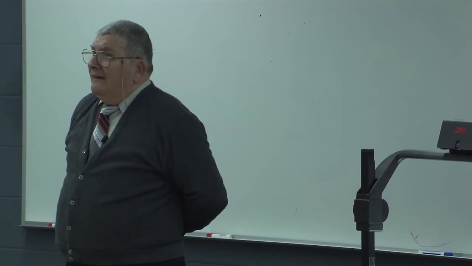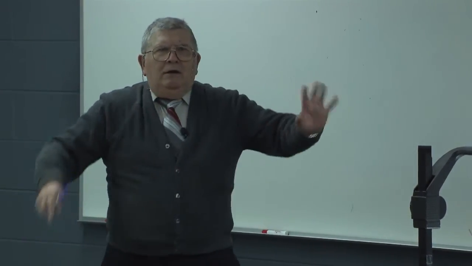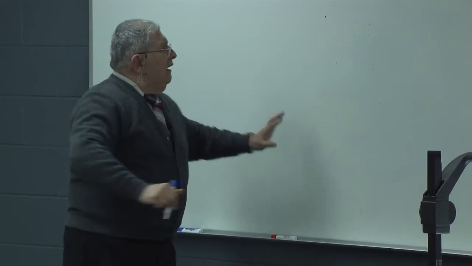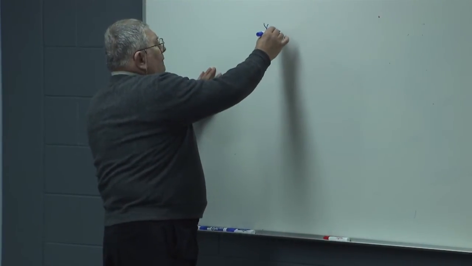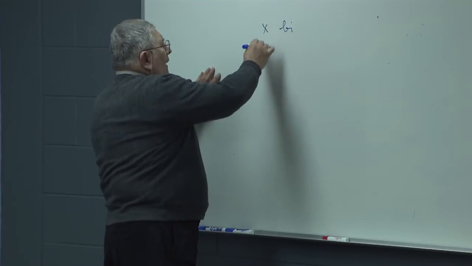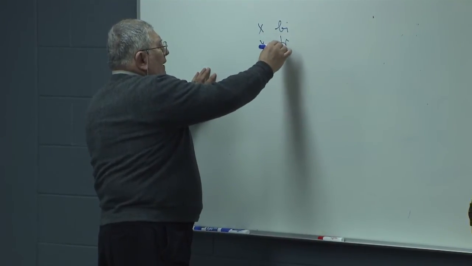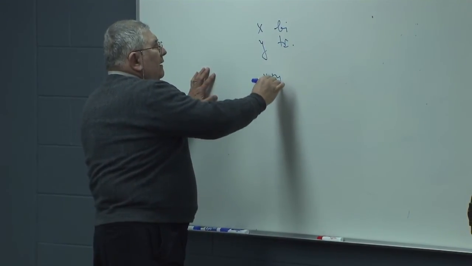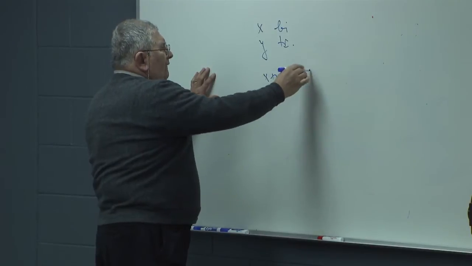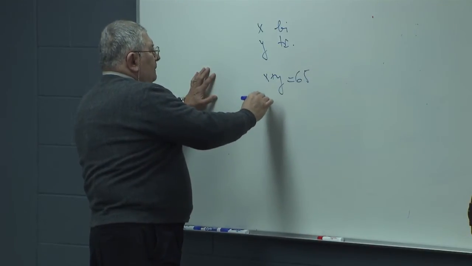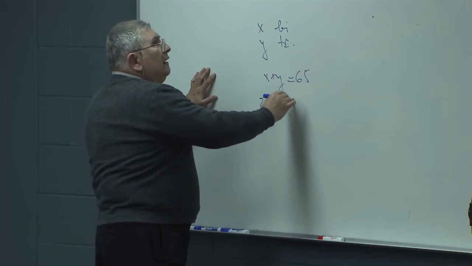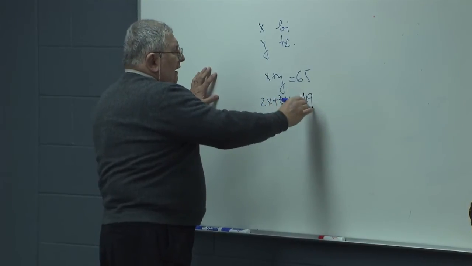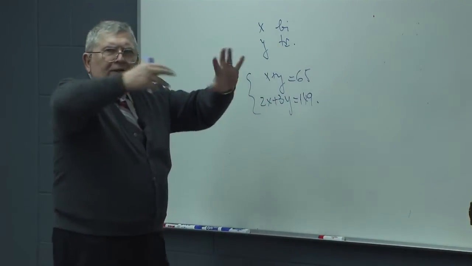The idea is to think, if you want, let x be the number of bicycles, y the number of tricycles, then x plus y equals 65, and 2x plus 3y equals 149. Here is the system. Solve it and you are done.